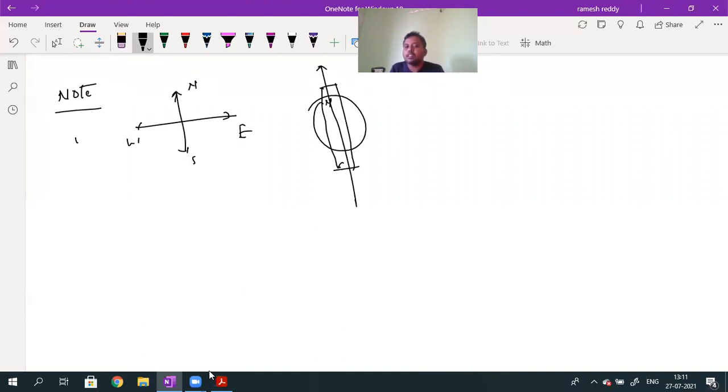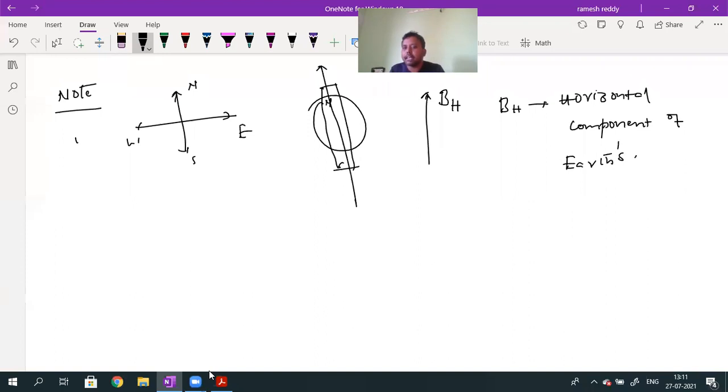The Earth's magnetic field component we will call BH. What is BH? BH is called the horizontal component of Earth's magnetic field. It is one of the vectors for representing the magnetic field of Earth.